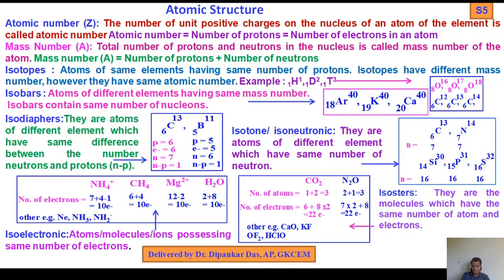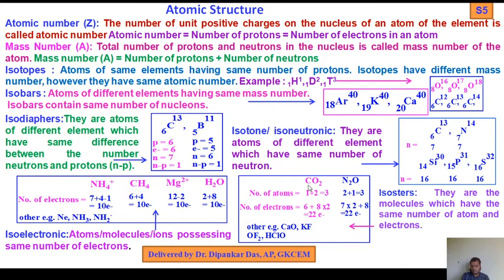If you talk about CO2 and N2O, the number of atoms: carbon present 1, oxygen 2, so 1 plus 2, that is 3. In case of N2O, nitrogen 2 plus oxygen 1, that is 3. So the same number of atoms is possessed by these two molecules.